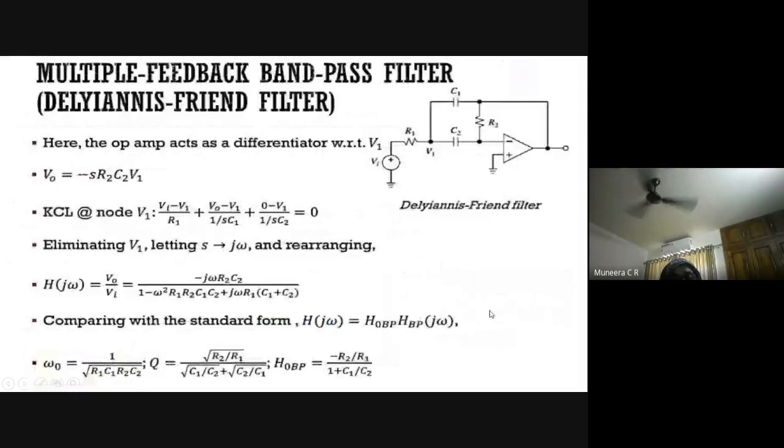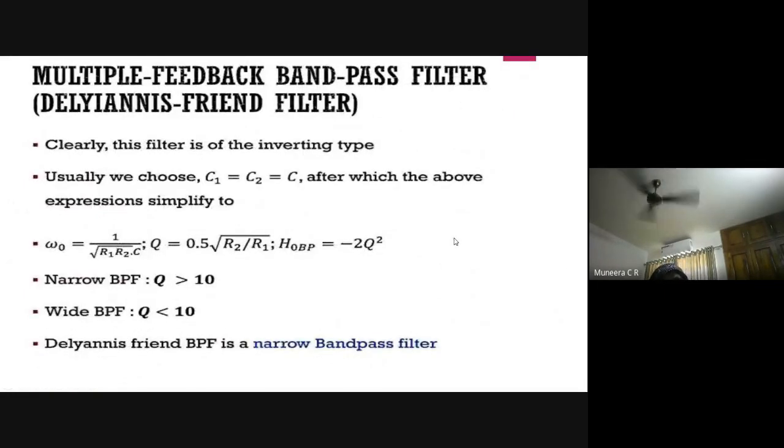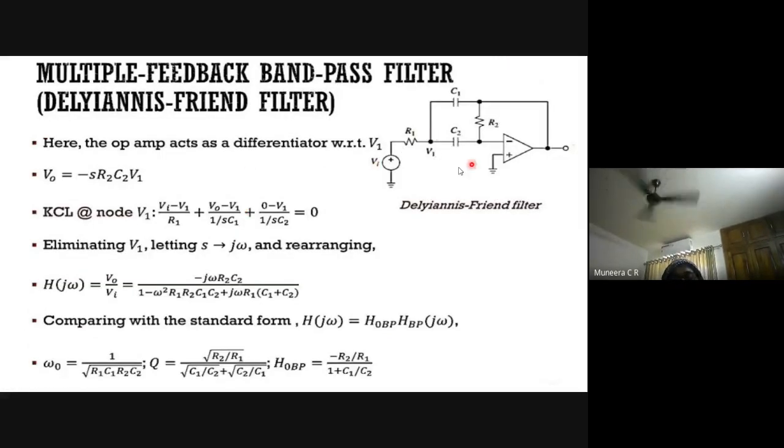Now we can see how to realize this second order Butterworth filter. One method is the multiple feedback band pass filter, which is equivalent to the Delyiannis-Friend filter. It is named after its inventors. Here it uses two multiple feedbacks, a low pass path and a high pass path. The low pass path is used as an integrator, and the high pass path is used as a differentiator.